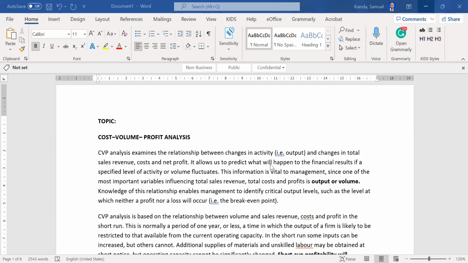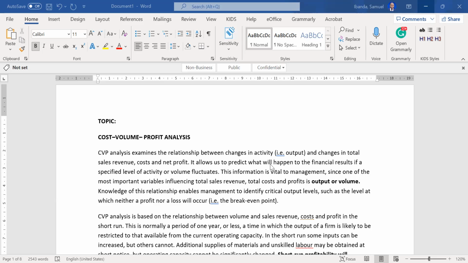This is Management Decision and Control. And today we want to look at cost volume profit analysis. We want to see how this impacts decisions that are made by management in organizations, and what we can do with it as management accountants.